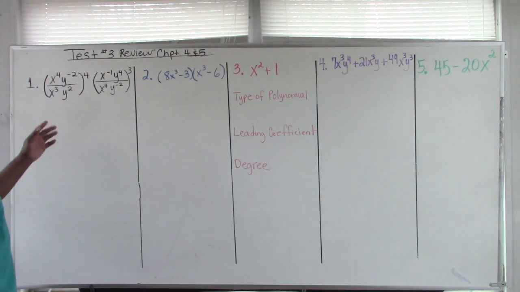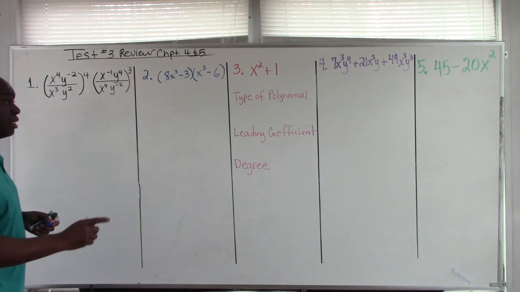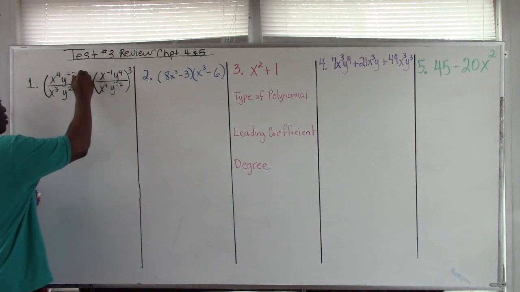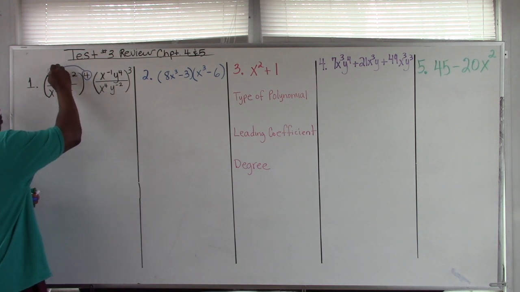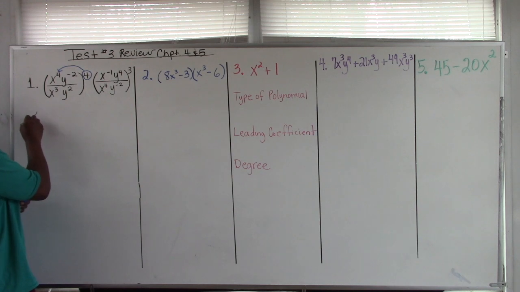Alright, let's simplify this expression. Please recall that we said the first thing you have to do is multiply. So take this 4, that's the power on the outside, and multiply it times 4 right here. That's going to give me x to the power of 16.